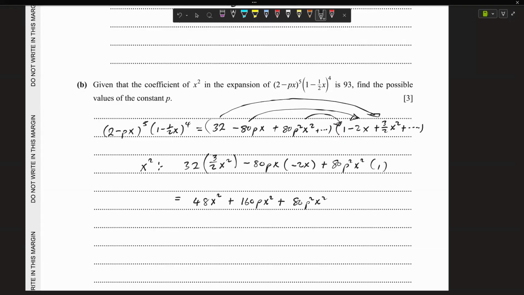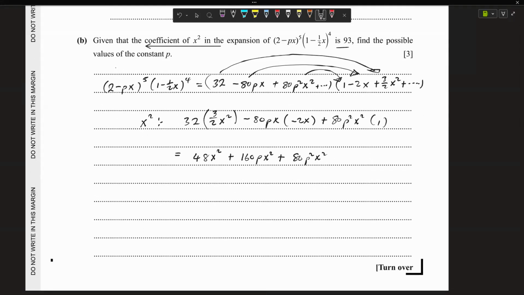All right, so this is what we're having. That's the terms in x squared. So the coefficient is the one that's equal to 93. So I'll just take the constant parts. So for the coefficients, 48 plus 160p plus 80p squared is equal to 93. And we're going to solve this.